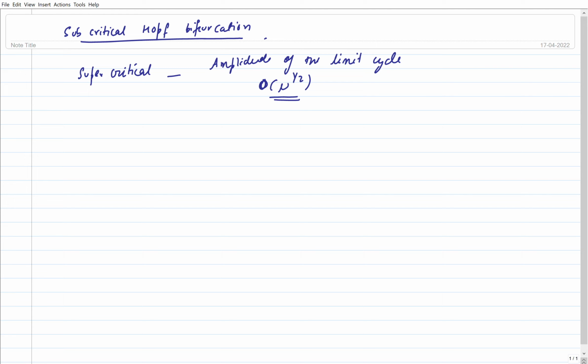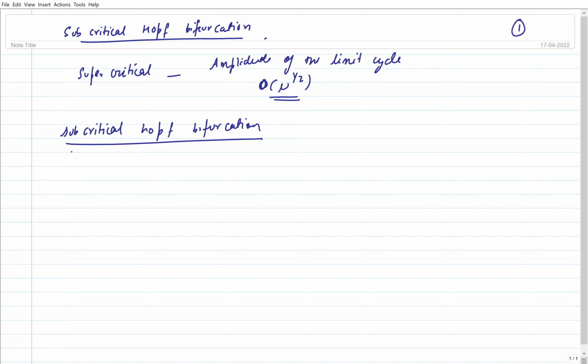Now we are going to look at a slightly more dangerous subcritical Hopf bifurcation. That's the focus of today's lecture.